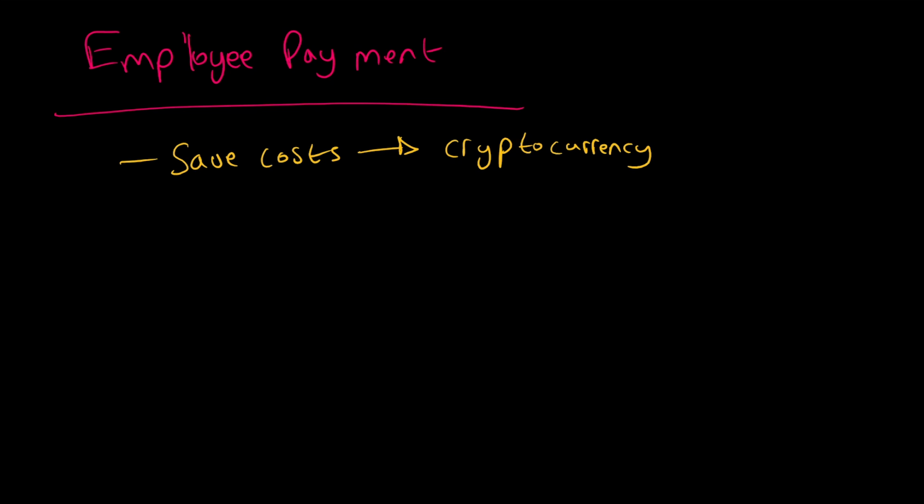Bitcoin. So using a cryptocurrency based system, whether it's an existing one or a whole new one, maybe you're using one that's just specific to your company, so you're creating your own, maybe through an ICO, you can help reduce costs.